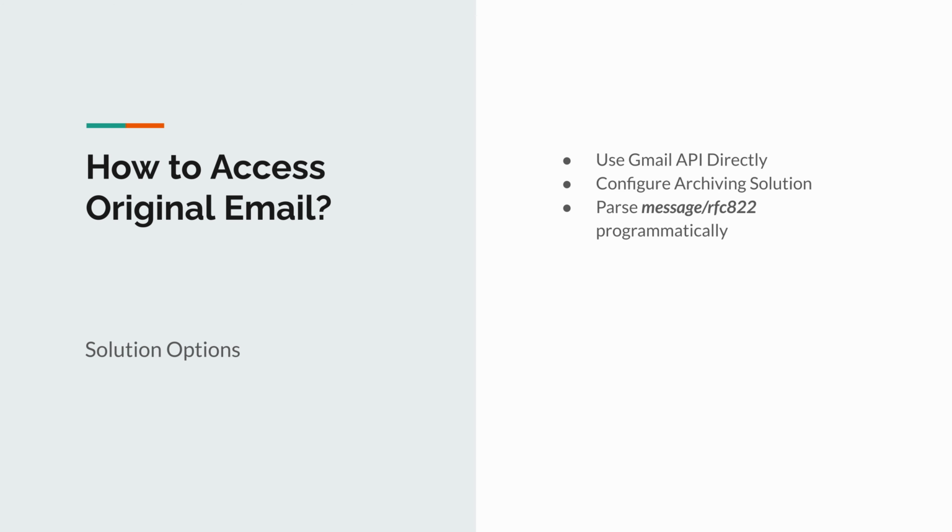Option 3 is to parse emails programmatically, and in this video we'll focus on this option. I'll demonstrate how to use Python to parse the received email and extract the original message from the message/rfc822 content type. So without further ado, let's jump into the code and see how to tackle this challenge programmatically.